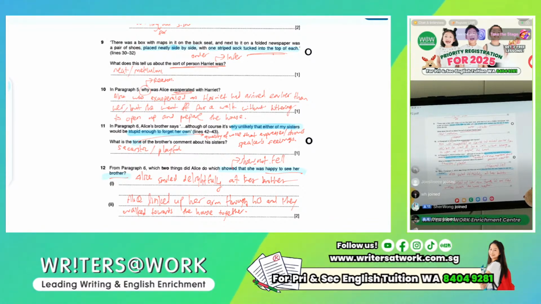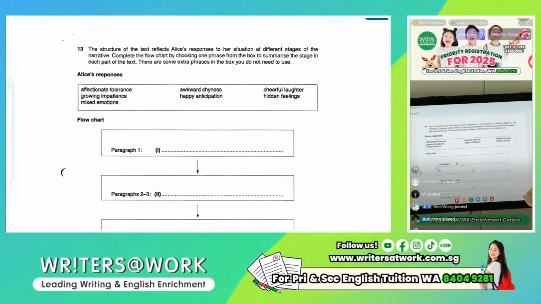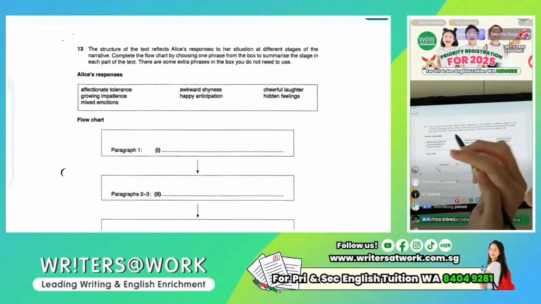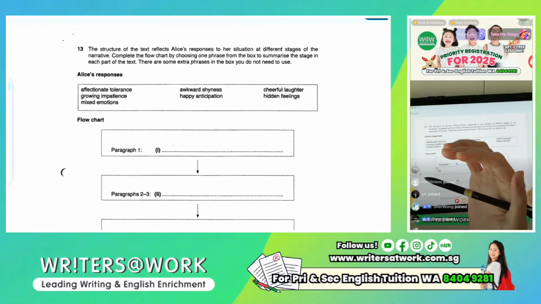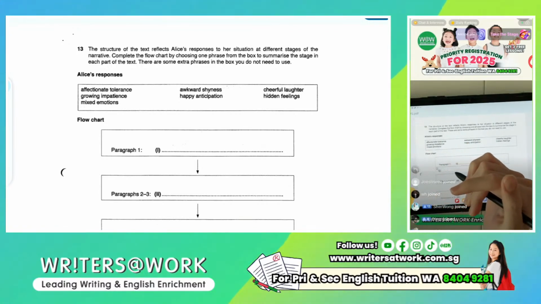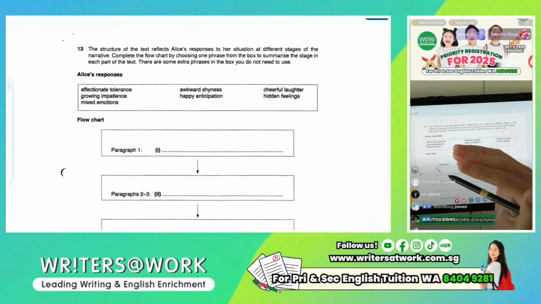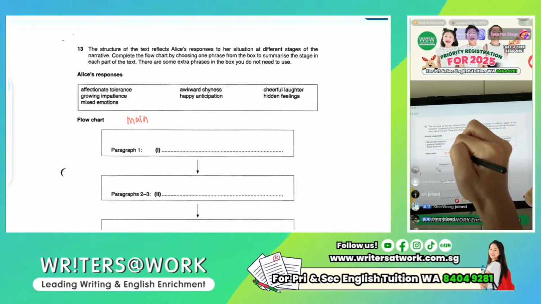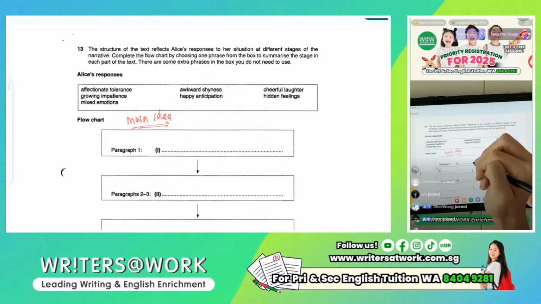Okay, let's take a look at our comprehension question 13. Now, this question, I'll say there are students who always get full marks for it, and there are people who struggle at it. The main skill that you need is to take away the main idea from every paragraph.